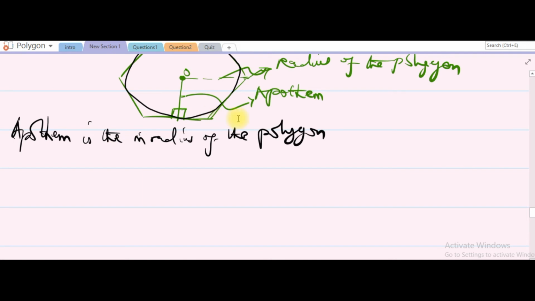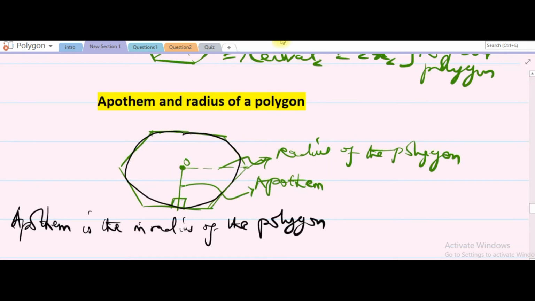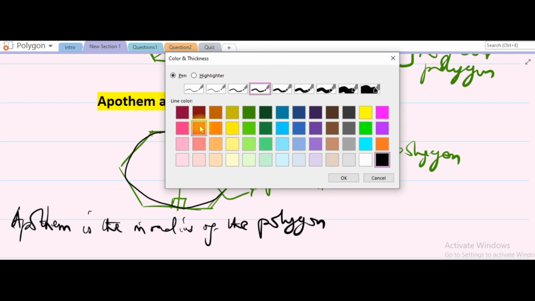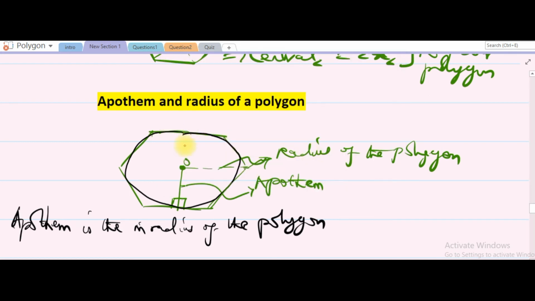While if I want to circumscribe, that is, I want to inscribe the hexagon inside a circle, which is a circumscribed circle, you notice that the radius I use is now the radius of the polygon.